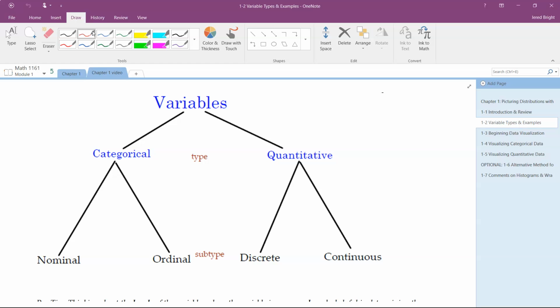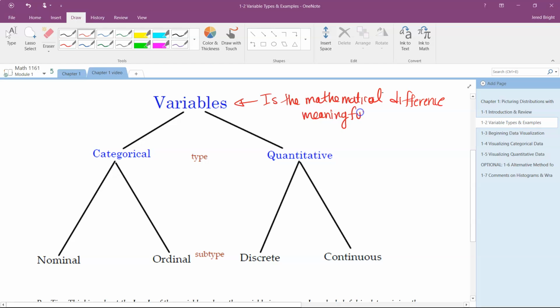The essential question to differentiating between the two is this one: is the mathematical difference meaningful? By this I mean, if you take two observations or two levels of the variable and literally subtract them, does that make sense?